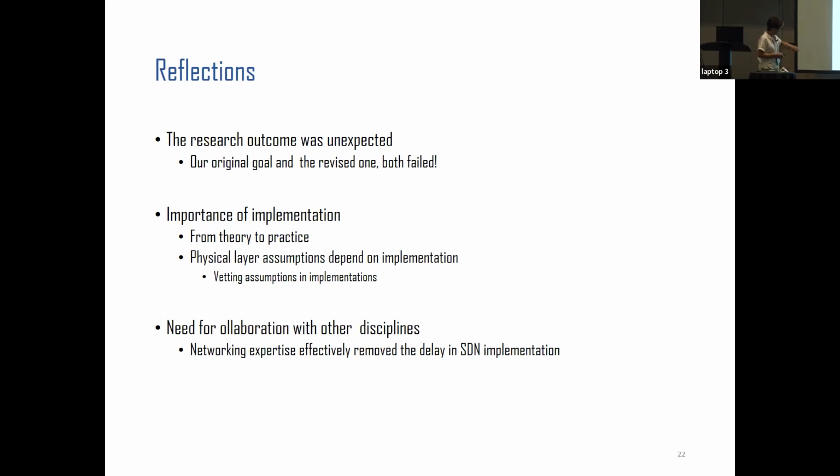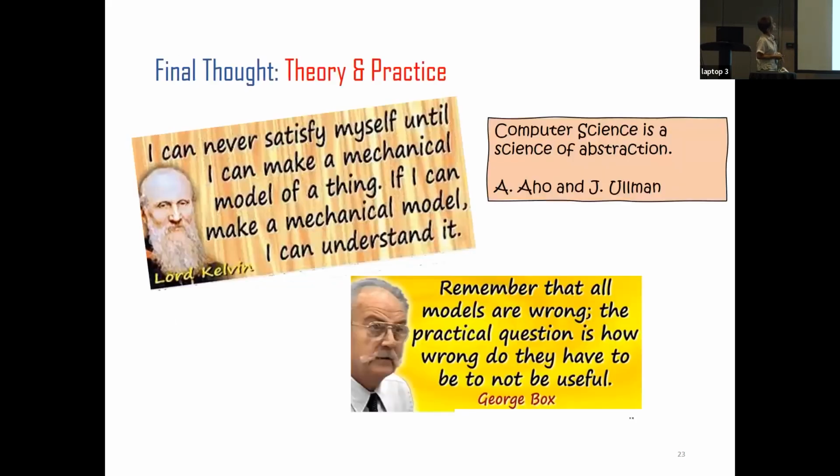I think that's the end of my talk, but I thought I should finish with these quotes. We know that for any system that we want to analyze, we have to make an abstraction. Abstraction is the backbone of computer science and a starting point, and not only of computer science but also of earlier sciences, like what Lord Kelvin is saying here.